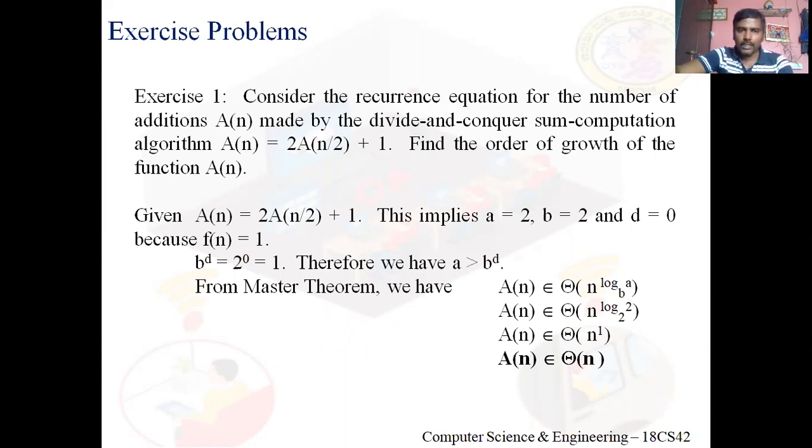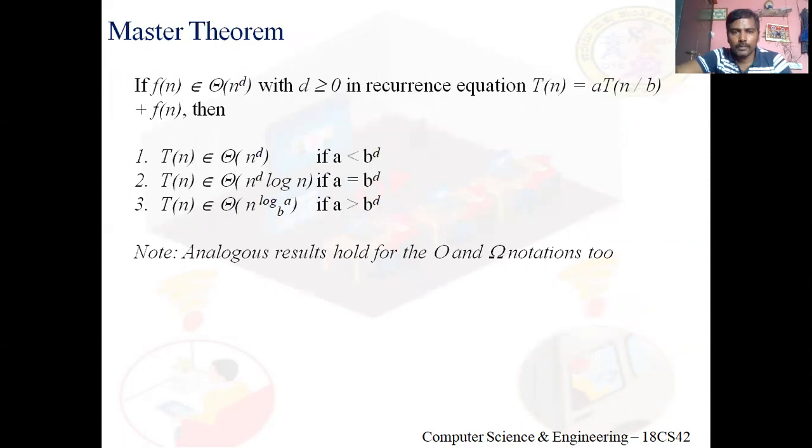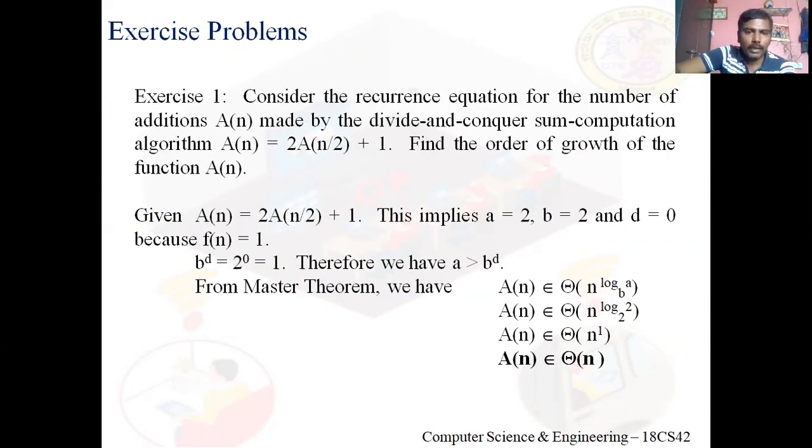Let me map A of n equals 2A of n by 2 plus 1 with the Master's theorem recurrence. Here the recurrence is T of n equals a T of n by b plus f of n. In this case, lowercase a and lowercase b are both 2.